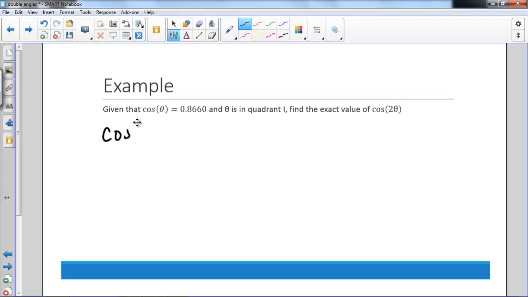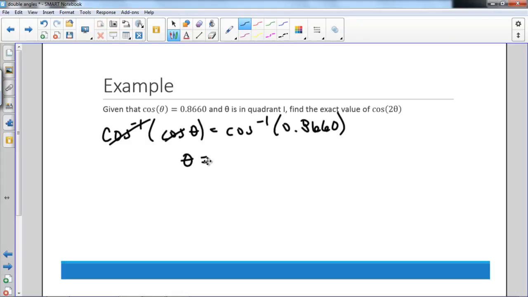So if I take the cosine inverse of both sides, it's going to allow me to be able to solve for theta. And when I put this in my calculator, I'm going to get theta is equal to 30.0029 degrees. So we're at approximately 30 degrees.